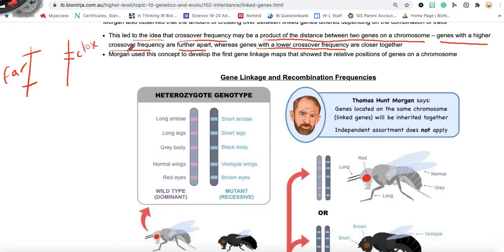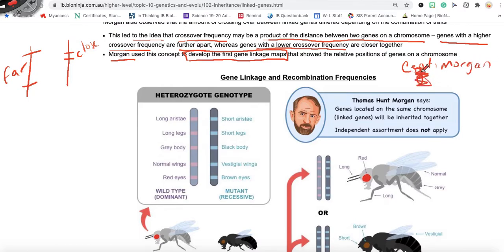Okay. So Morgan used this concept to develop the first gene linkage map that showed the relative positions of genes on a chromosome. And there's actually a unit that's called a centimorgan, named after him.